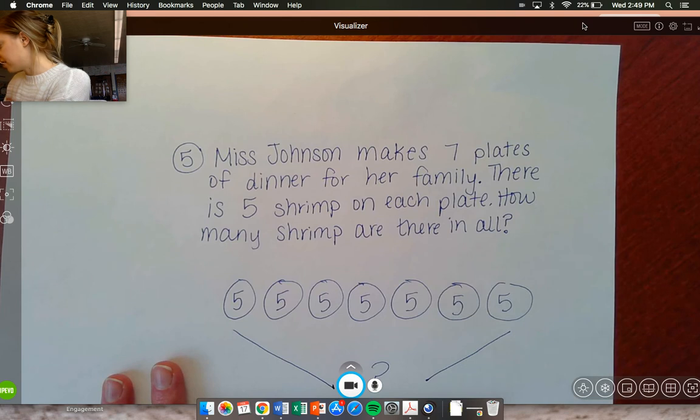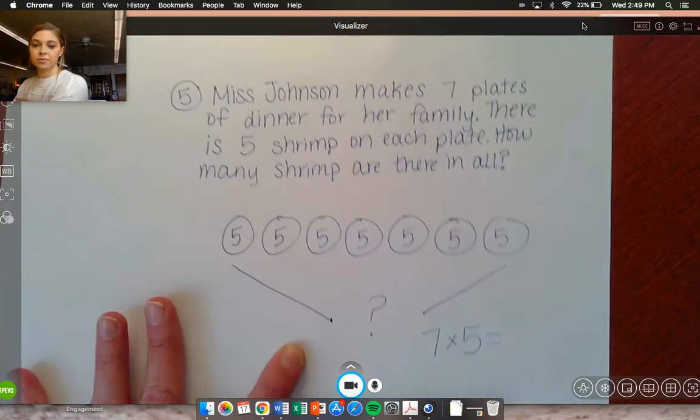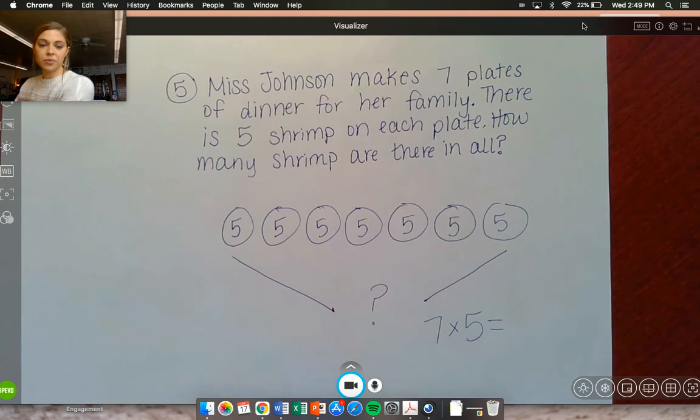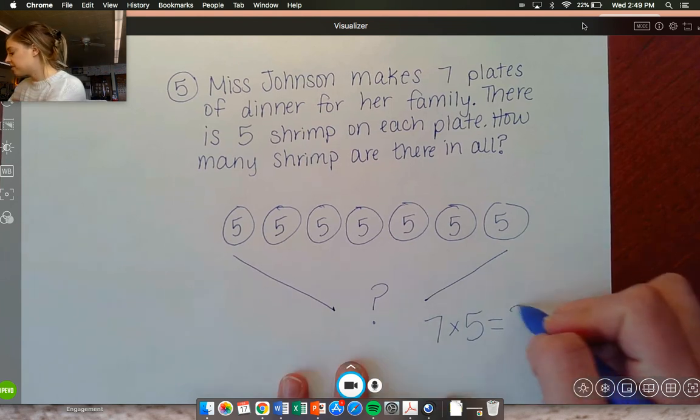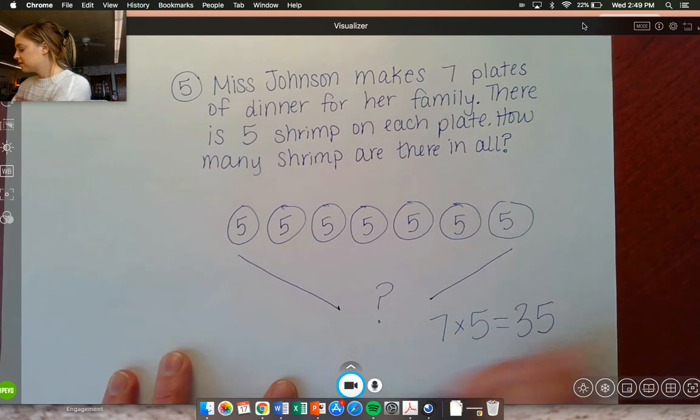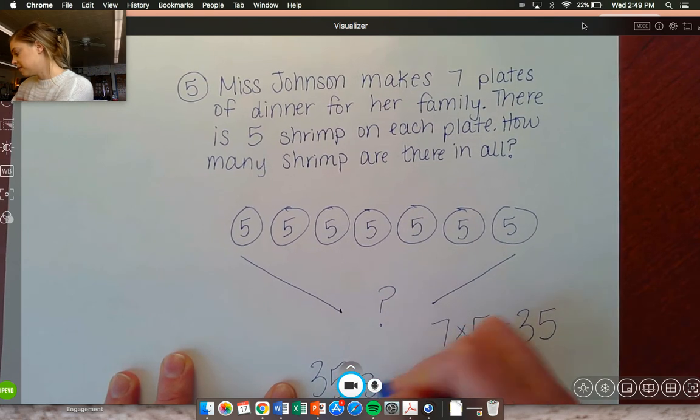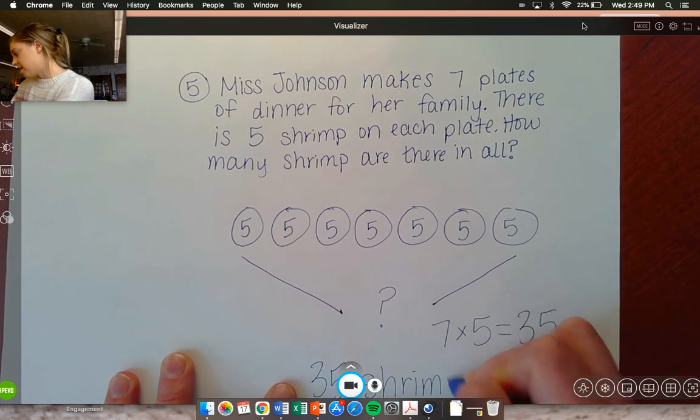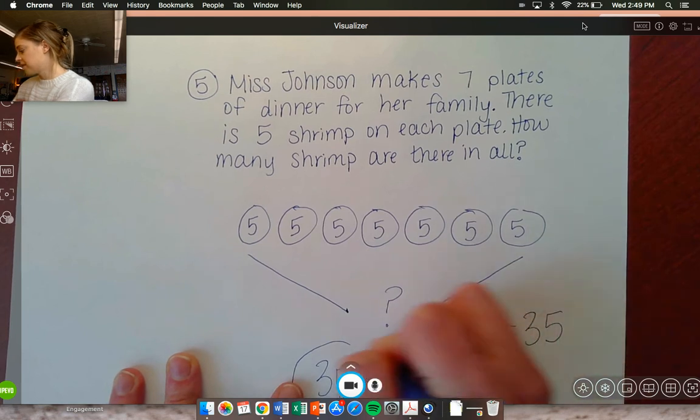So I can do 7 times 5. And what is 7 times 5? If you are thinking 35, then you're right. There's 35 shrimp. So 35 shrimp is how many there are in all, and that is the answer.